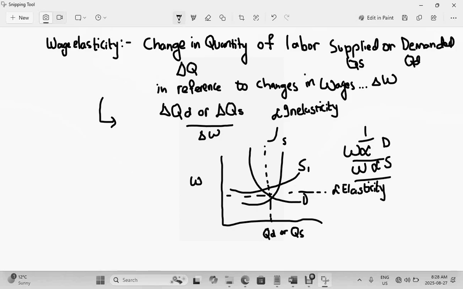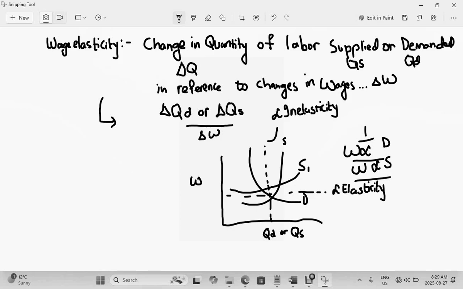Whereas if the supply of labor is elastic, and this is especially true of high skilled labor, it basically means that workers have alternatives, they have options on the table, they have insurance policies, as a result of which they're able to find something else if the employer is not willing to pay them a certain amount of wages.